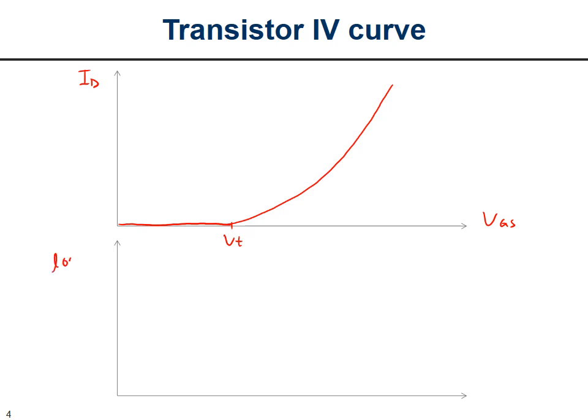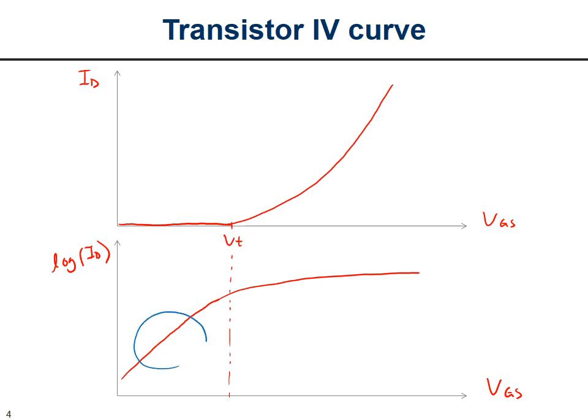So if we replot this same curve, but instead plot the y-axis on a log scale, what we find is that current below the threshold voltage is not zero, but rather it's an exponential function. Okay, so on the log scale, the curve looks something like this.